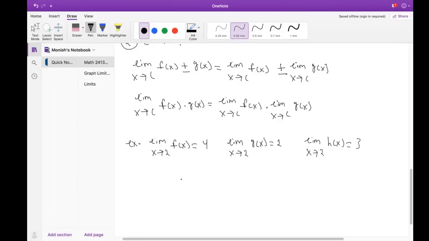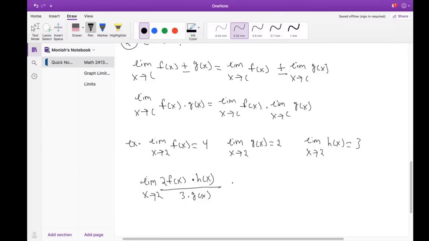And they could test how well you know how to perform limit operations by giving you a problem like this. So 2 times f of x times h of x, all over 3 times g of x.